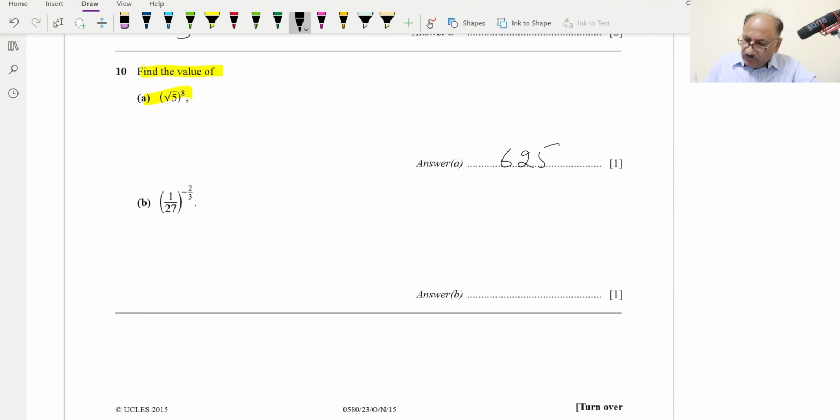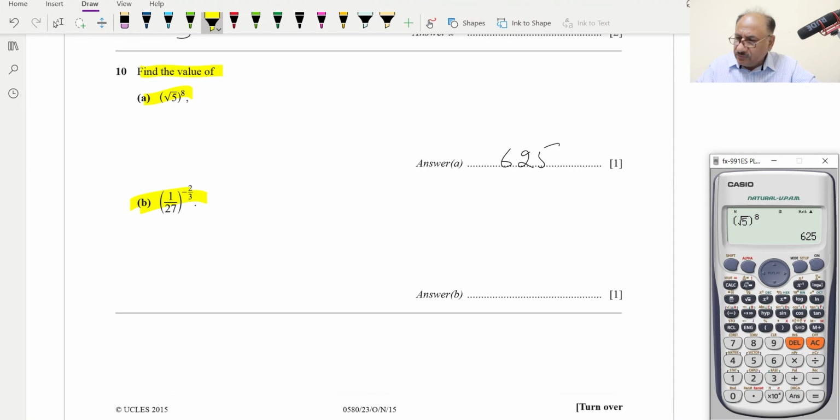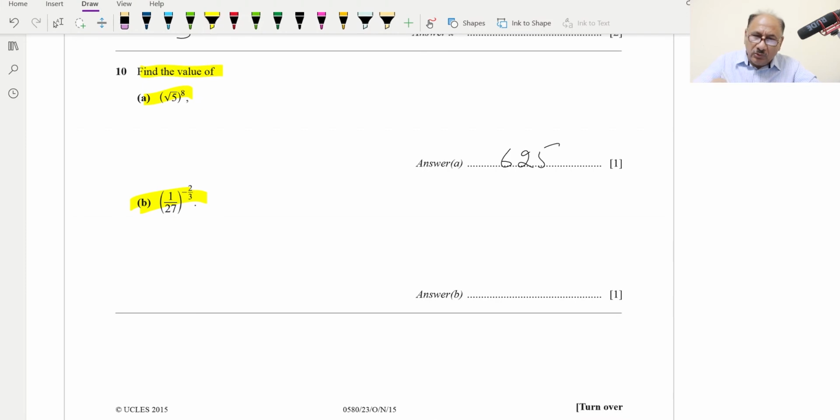Then we have to calculate this expression as well, and this is basically an indices question. So fraction 1 over 27 and whole raised to the power minus 2 over 3, and this is equal to 9. 1 mark question, so no working is required for this one.